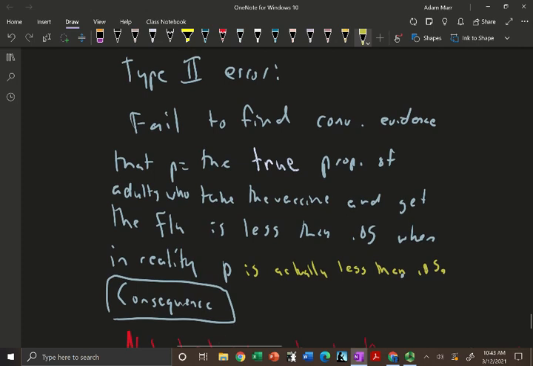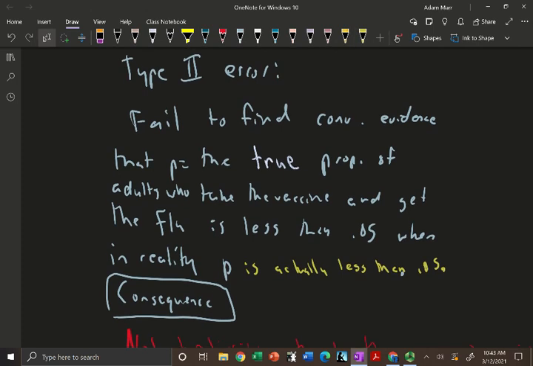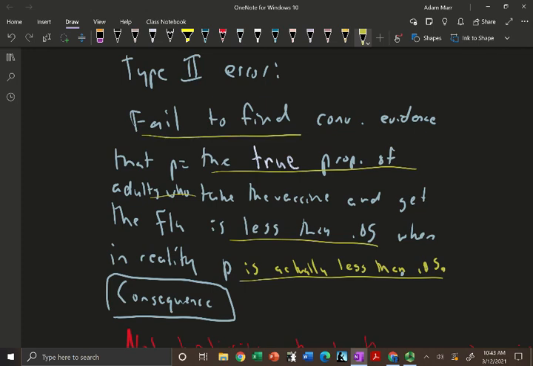All right, so what's the consequence here? In this case, they're actually doing the good thing. The true proportion of adults who take the vaccine and got the flu is less than 0.05, but they fail to find convincing evidence.